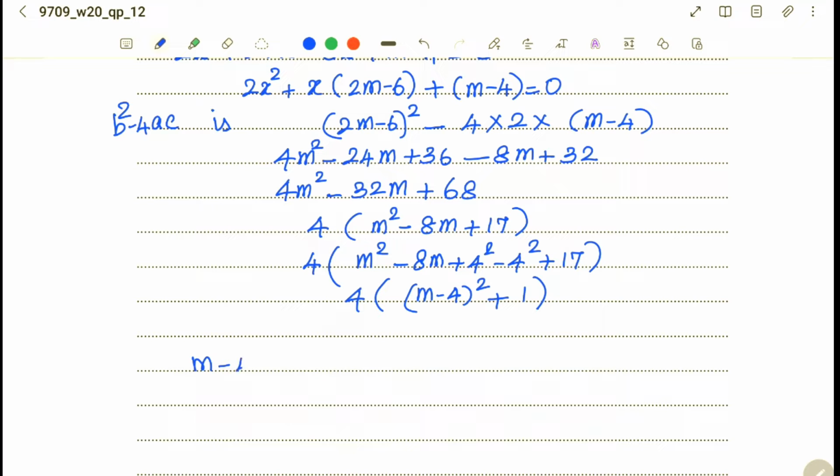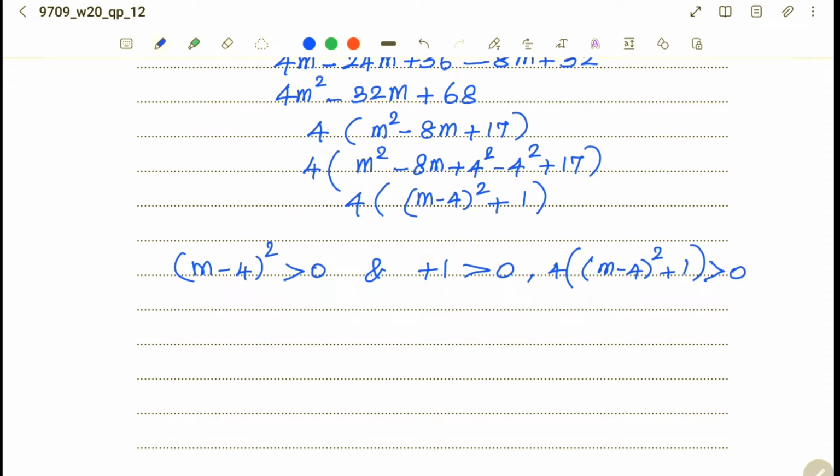So since m minus 4 the whole square is greater than 0 and plus 1 also greater than 0, so 4 multiplied by m minus 4 the whole square plus 1 is greater than 0.